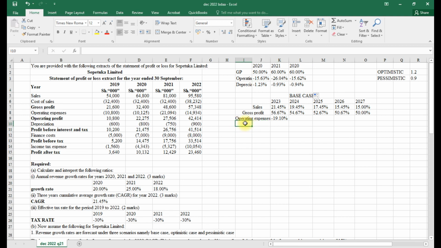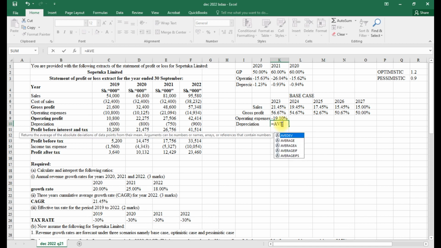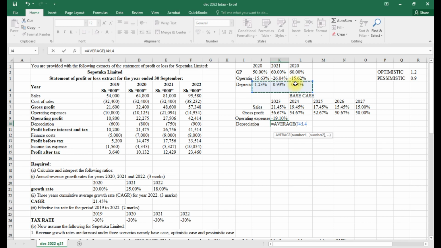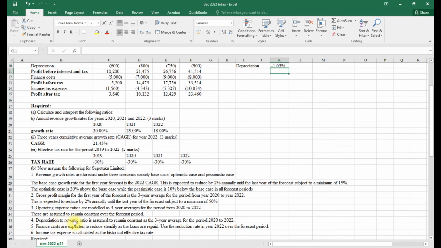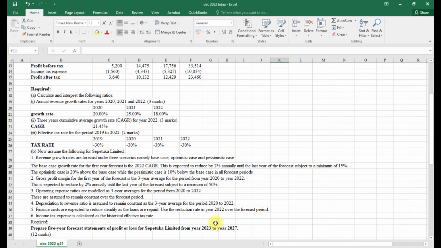Okay, so this one our depreciation, and here will be again average of history, and I close this. Yeah, it will be 1.03, and you're told depreciation to revenue ratio is assumed to remain constant as 3-year average for the period 2020 to 2022. It will be a constant again.